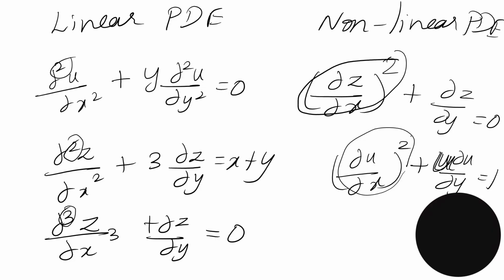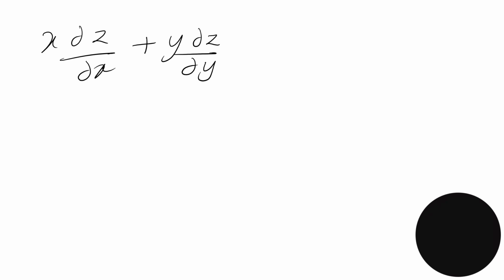So these two terms make this equation nonlinear. One more example of linear: x dou z by dou x plus y dou z by dou y equal to z. Here z is there, but z is standing alone, not multiplied with its derivative.